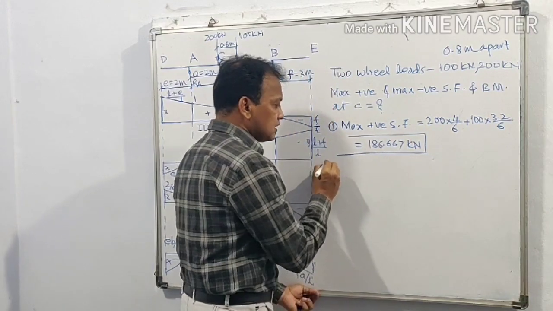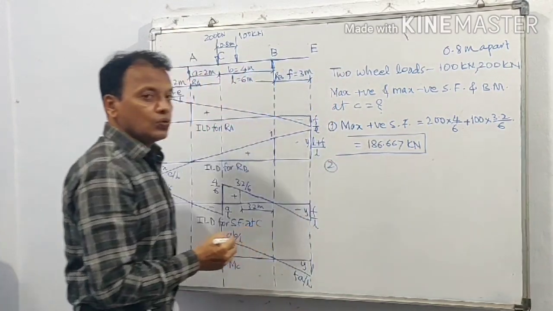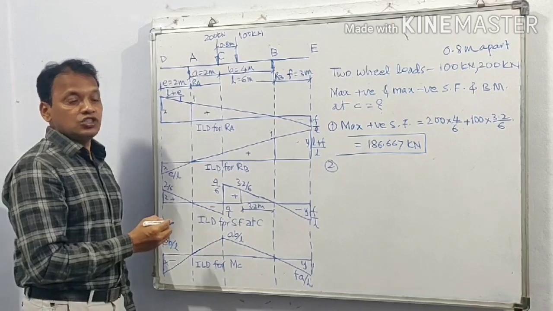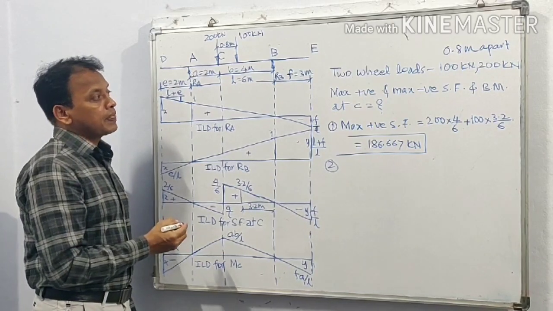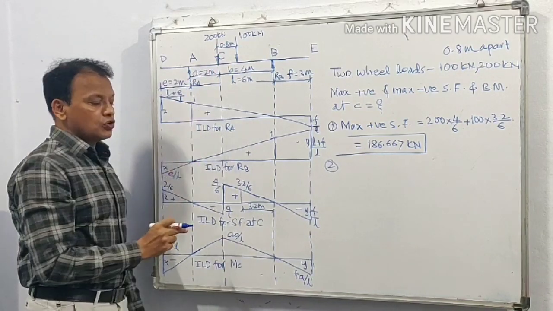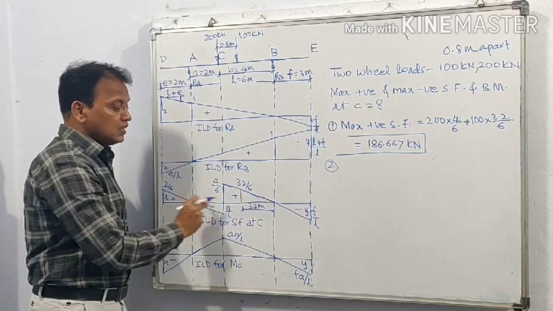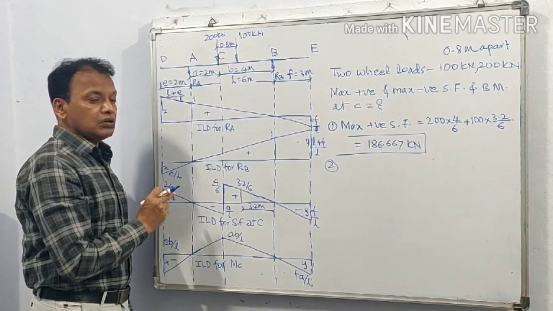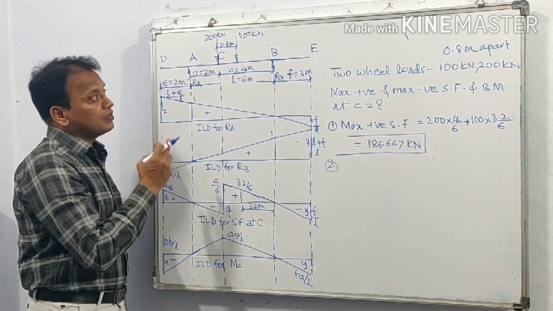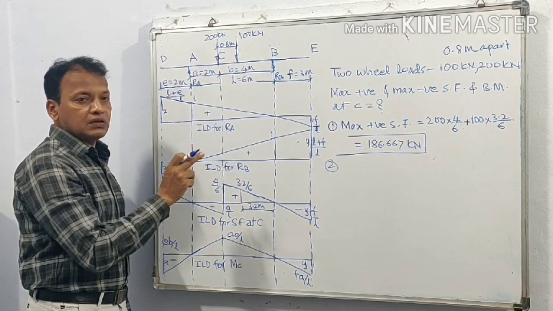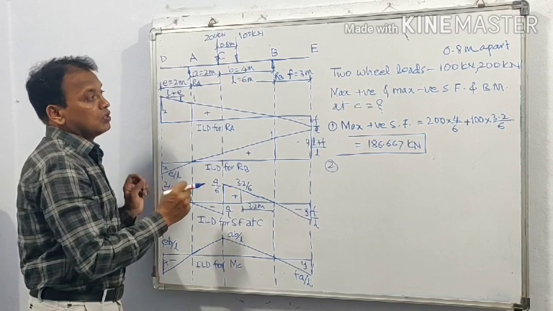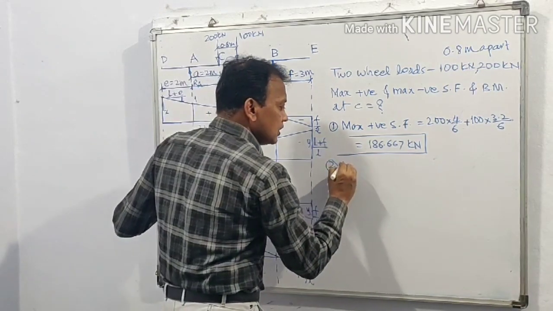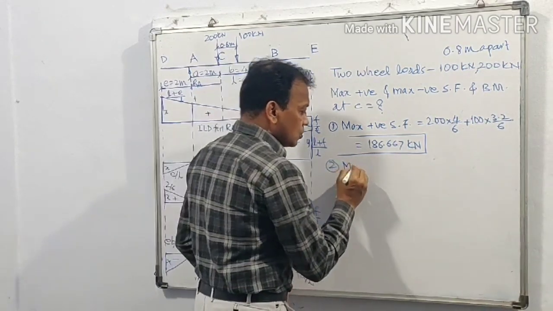So we are getting maximum positive shear force equal to 186.667 kilonewton for this critical position of load. So from this influence line diagram, we have decided the critical position of these loads to obtain maximum positive shear force. Now maximum negative shear force.